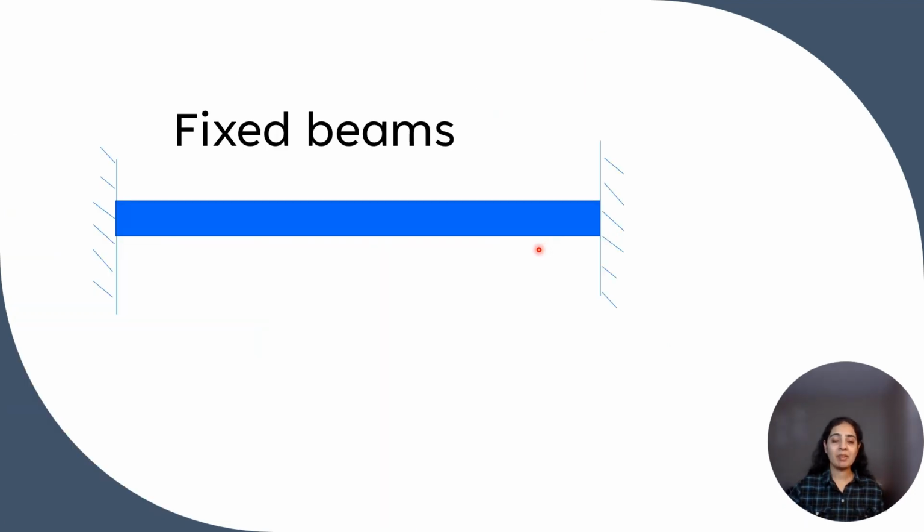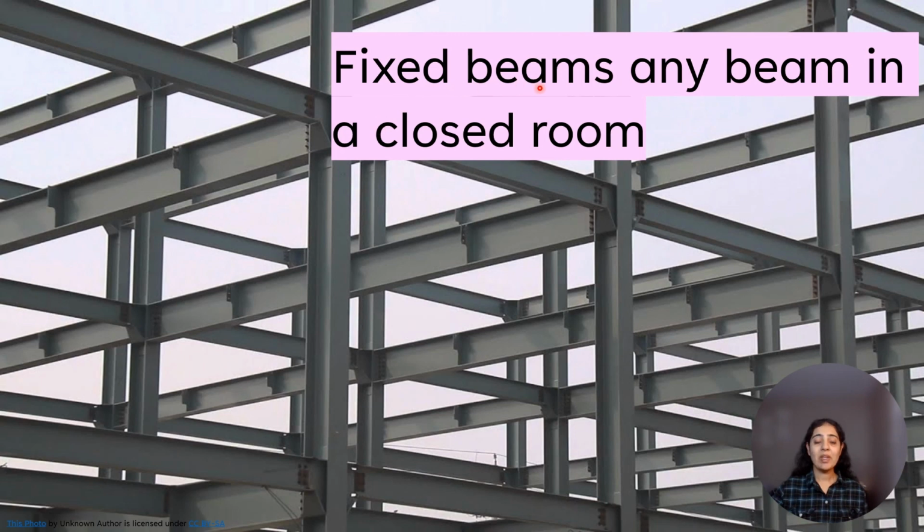Fixed beams. In these fixed beams, both ends of the beam are fixed supports or built-in supports. An example of a fixed beam is any beam in a closed room.